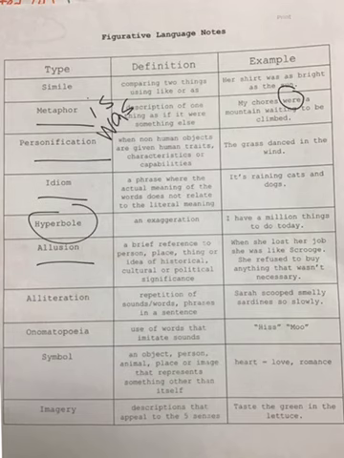Allusion. Allusions can be fun. These are references, anytime that a story or a poem references something in history or pop culture, which would be like a song, a movie, a TV show, anything that many people know about, that would be an allusion. It's referencing something. So for example, when she lost her job, she was like Scrooge.